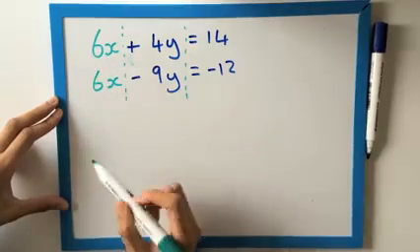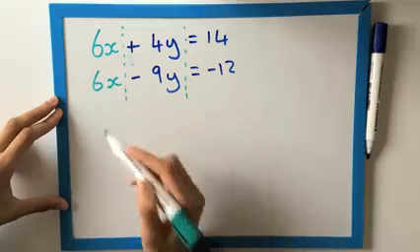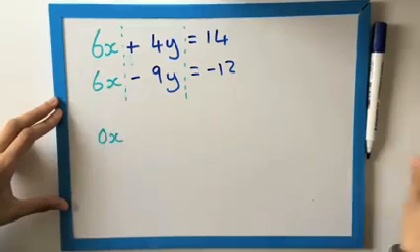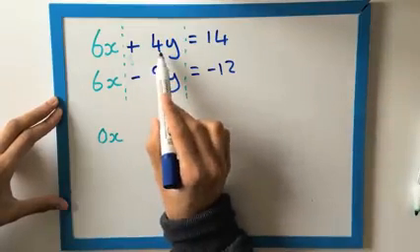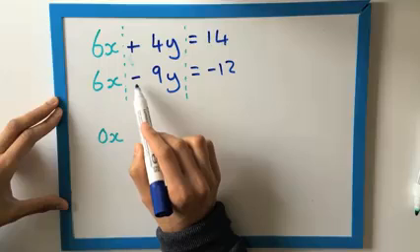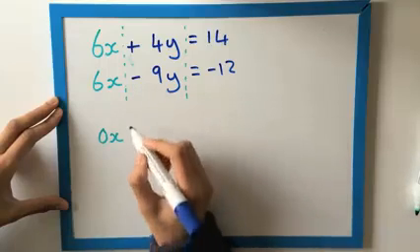So 6x minus 6x gives us 0x. 4y minus 9y gives us 13y.